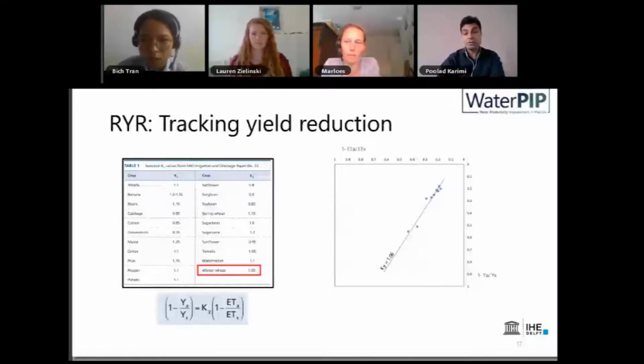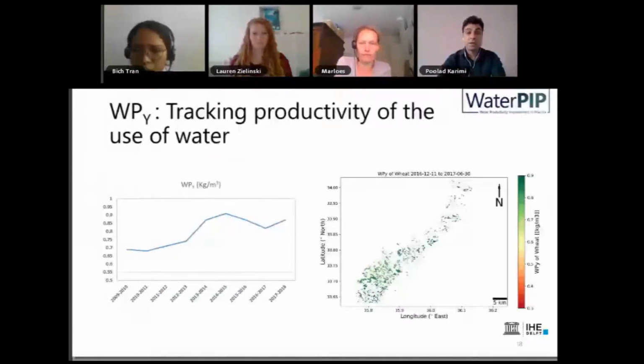These relationships can be used easily. Say if we know that next year we have 20% water reduction than what we need, what would be our yield reduction? Very important factors for our planning and for decision making when it comes to allocation and deciding how much deficit may have to be given in different sectors.